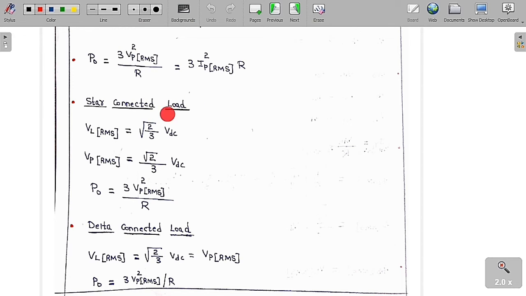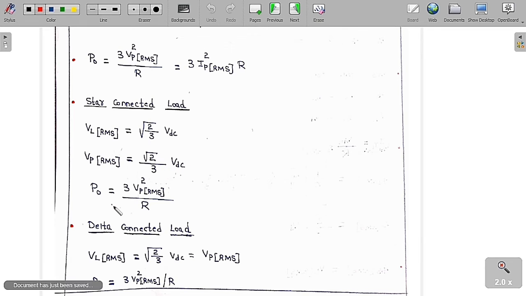For a star connected load, we have to remember the line voltage RMS value, which I have already told you is equal to root of 2 by 3 into VDC. You know the relation between the line voltage and phase voltage RMS value: line voltage RMS is equal to root 3 into V phase RMS. If you substitute and solve, we get V phase RMS equal to root 2 by 3 into VDC.